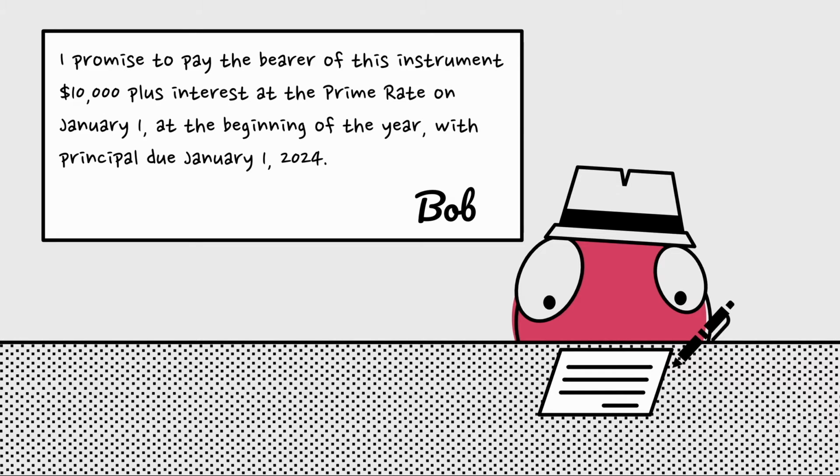And so if it says this: I promise to pay the bearer of this instrument $10,000 plus interest at the prime rate on January 1 at the beginning of the year, with principal due January 1, 2024. Bob. So there you can look at this and there's interest, but we can figure it out, right? And it's variable, right?